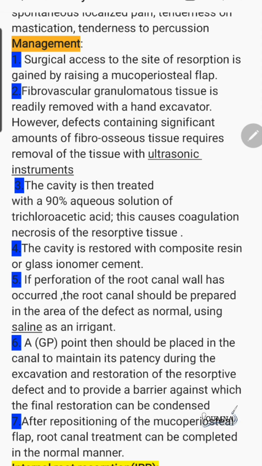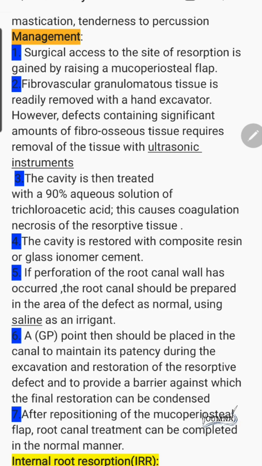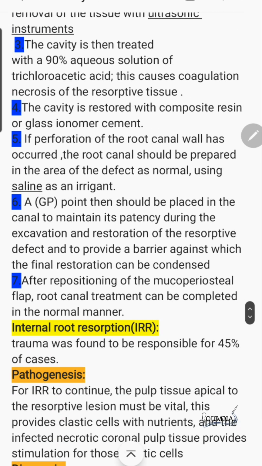However, defects containing a significant amount of fibro-osseous tissue require removal of the tissue with ultrasonic instruments. The cavity is then treated with a 90% aqueous solution of trichloroacetic acid. This causes coagulation necrosis of the resorptive tissue. The cavity is restored with composite resin or glass ionomer cement.